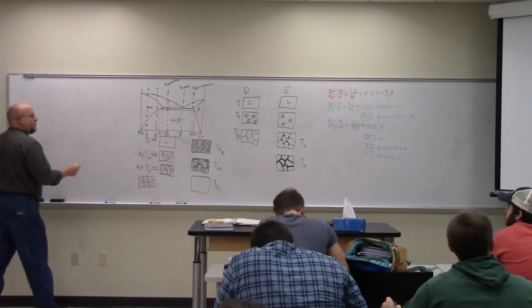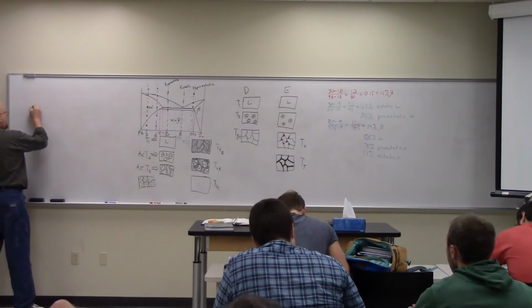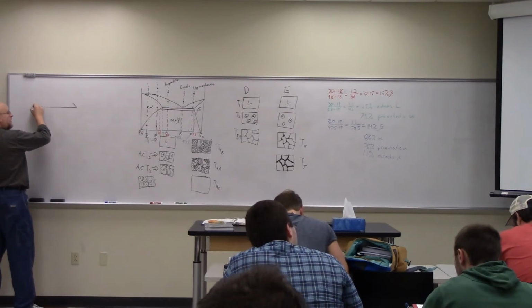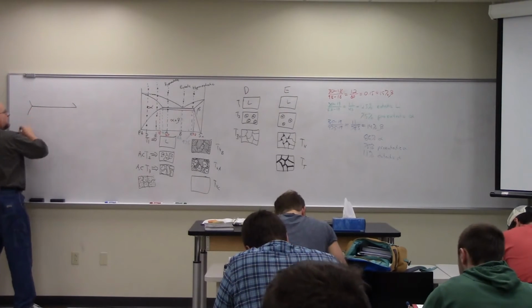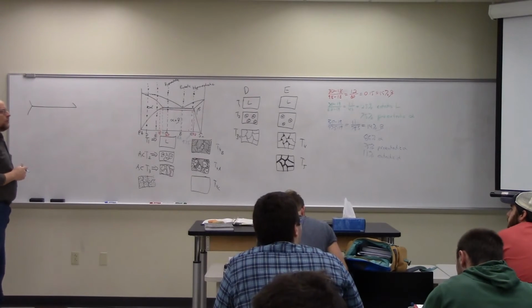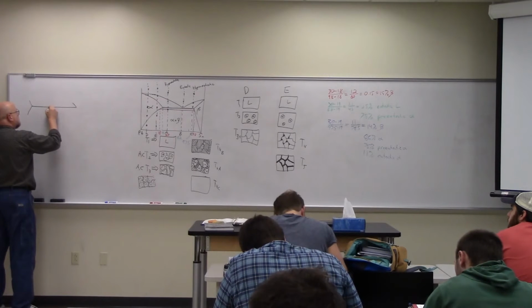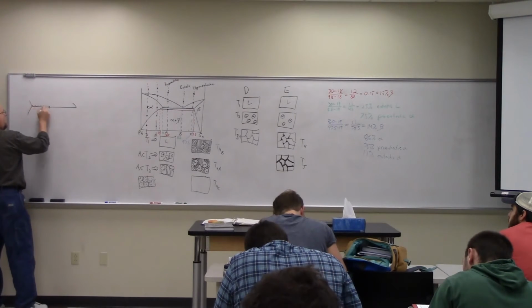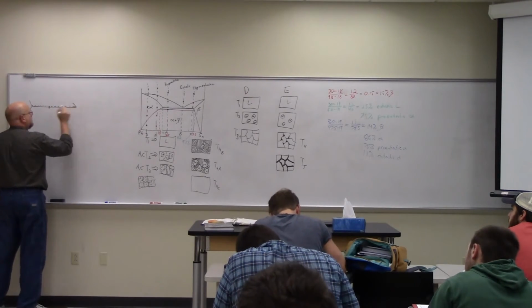And at 1148 plus, just drawing that little section that matters to us, we got this thing coming up here, and the gamma doing this, and we're at 3%, which is pretty close to being in the middle, not quite. This is where we are. So we want to evaluate it right above the eutectic temperature.